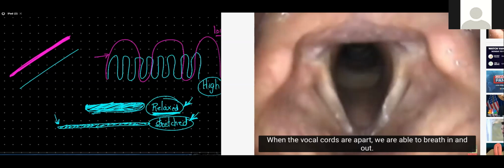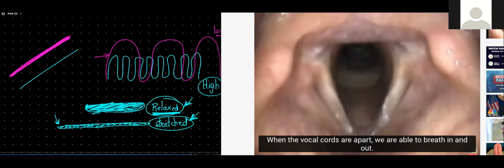Males, under the effect of the androgens, the male sex hormones, tend to get thicker vocal cords, and this results in a low pitch voice. Does this make sense?